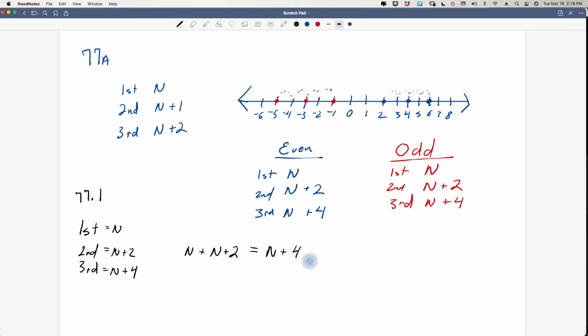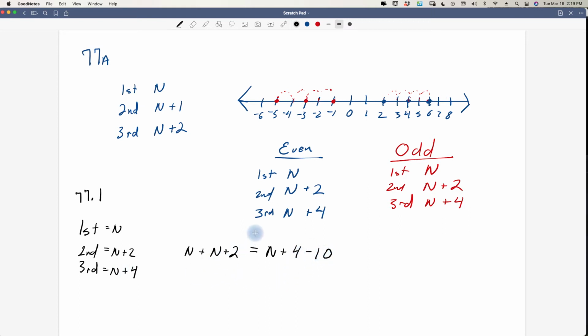So I just write -10. All right, so I'm going to read this again and let you follow along. Find 3 consecutive integers, consecutive even integers, such that the sum of the first and second equals the sum of the third and -10. All right, that looks right.